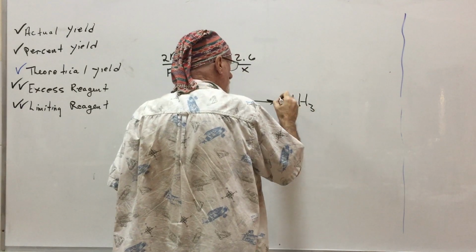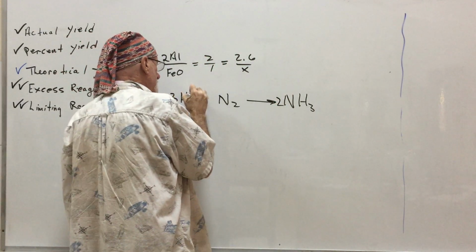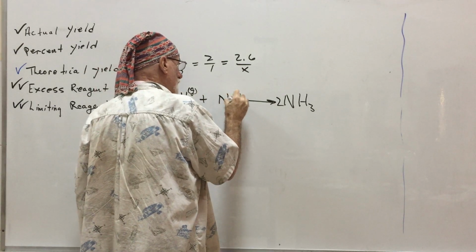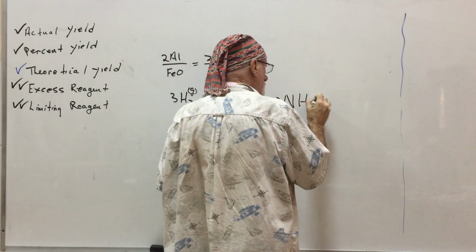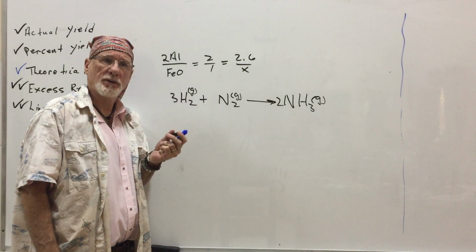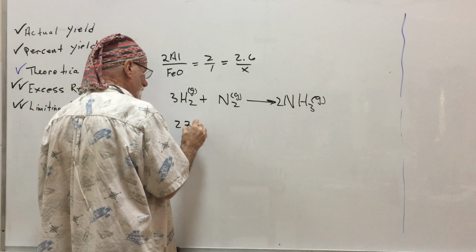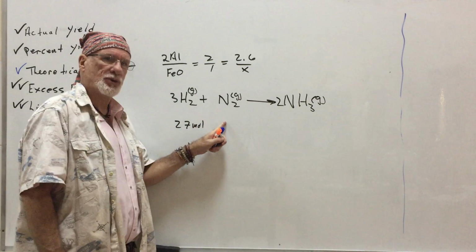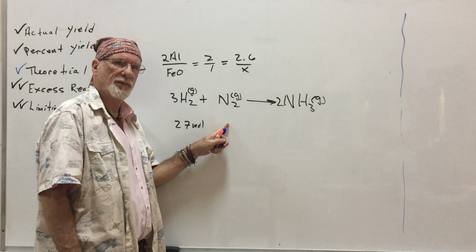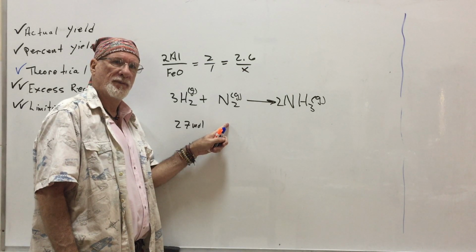Now, the reason I like this is that they're all gases. So I can do, let's start off with volume. Volume is the easiest. Let's start off with mole, not volume. So let's say this was 27 moles. How much would this be? Put X.